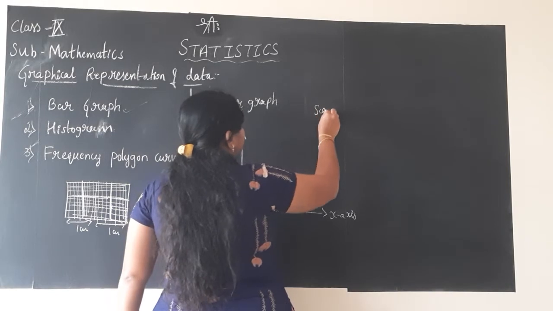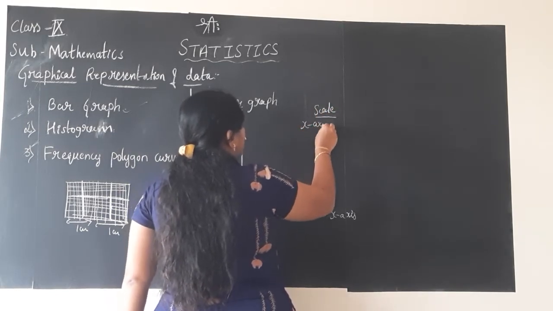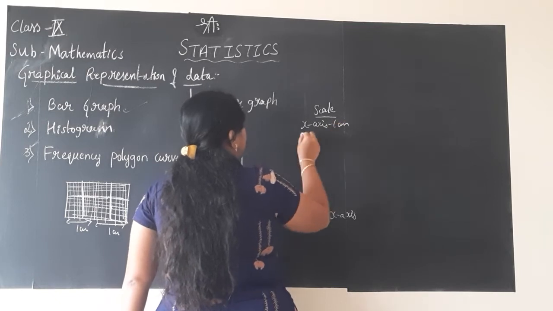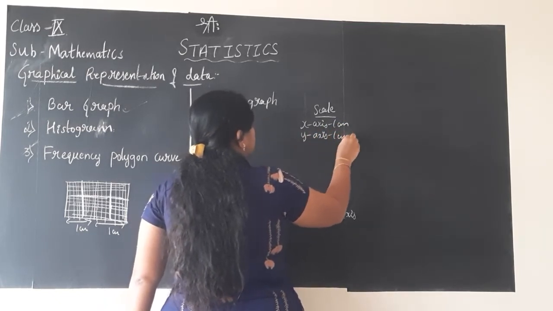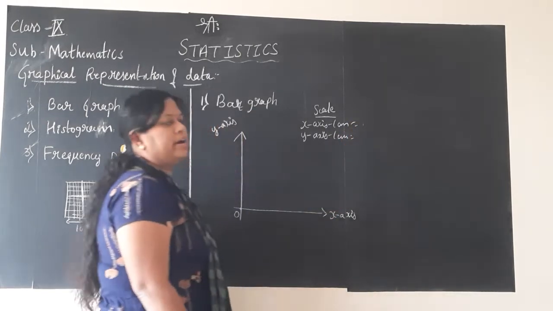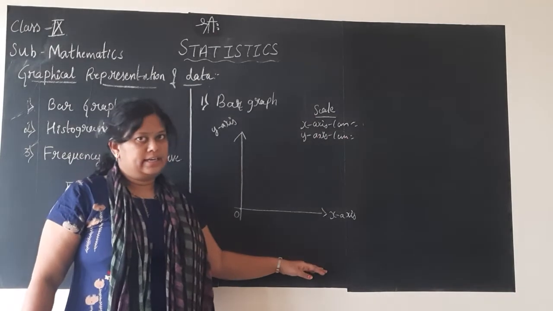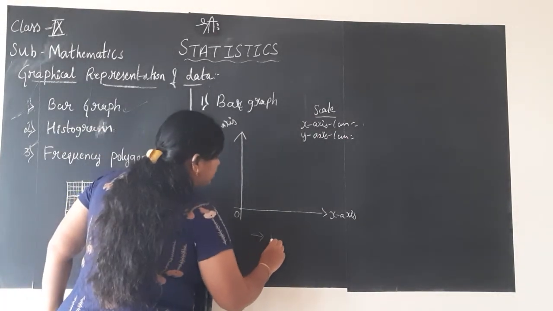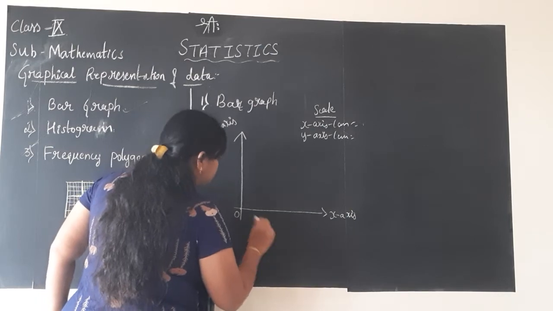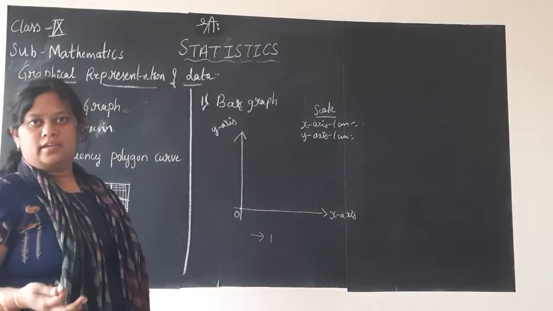As you all know, next step you will have to write the scale. What you have chosen: on x-axis, 1 centimeter is what? On y-axis, 1 centimeter is equal to what you have chosen. That will be chosen based on the given data. Say suppose we are measuring the data about the rainfall in a year.